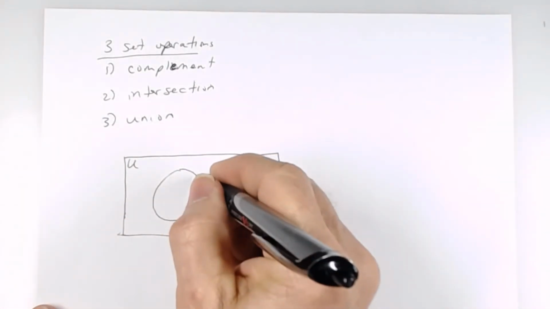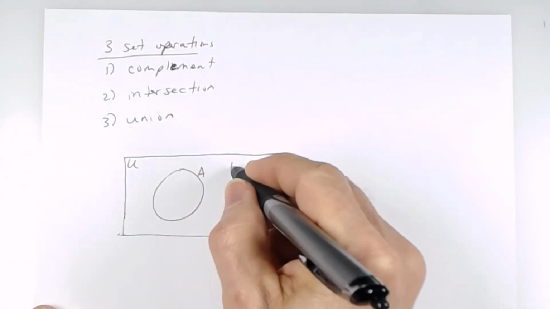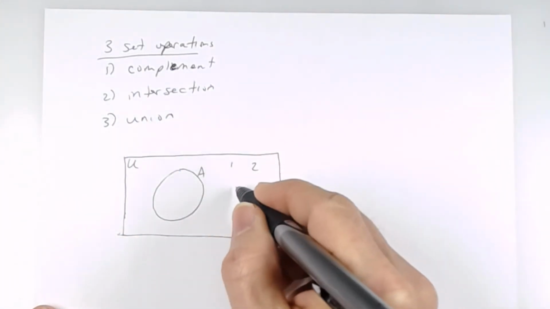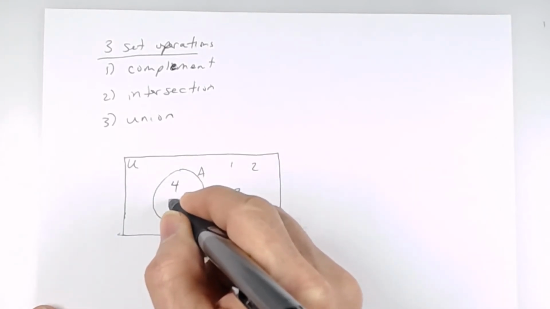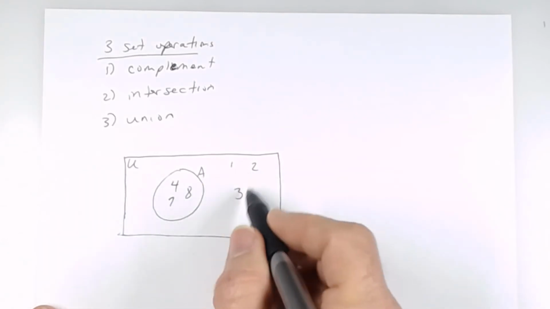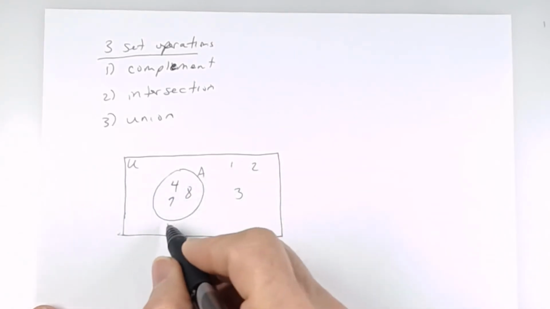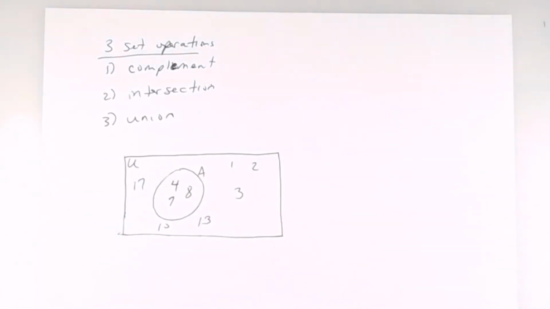And this is set A. So in the universal set I had 1, 2, 3, and inside A I have 4, 7, 8. Let's put 10, 13, 17. So go ahead and write those numbers.